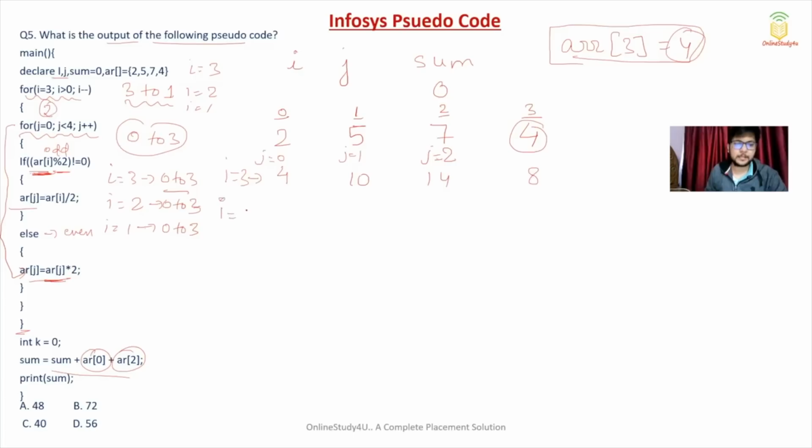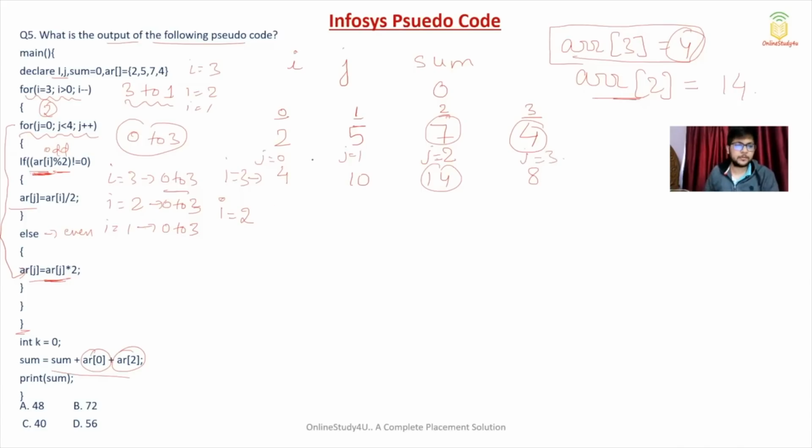Now next iteration, i is equal to 2. Now array of 2 is, first it was 7, but now it is 14. So again, for i is equal to 2, my loop will run from j is equal to 0 to j is equal to 3. That is for every iteration, and it will again check if array of 2 is even or not for every case.